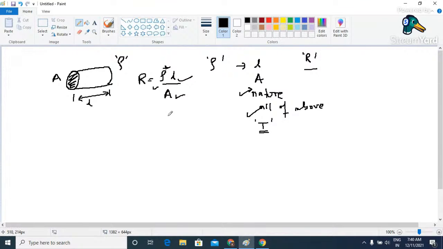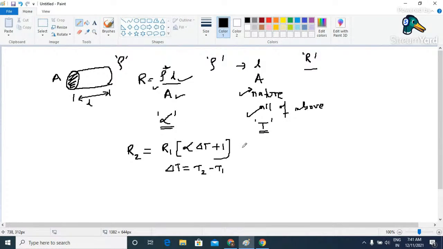There we have one parameter called the temperature coefficient of resistance, indicated by symbol alpha, and we can write R2, which is the resistance of a material at temperature T2, equal to R1, where R1 is the resistance of the material at temperature T1, times the bracket alpha multiplied by delta T plus 1, where delta T is equal to T2 minus T1, and alpha is known as the temperature coefficient of resistance.